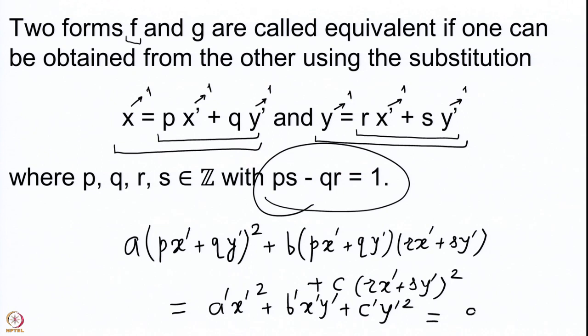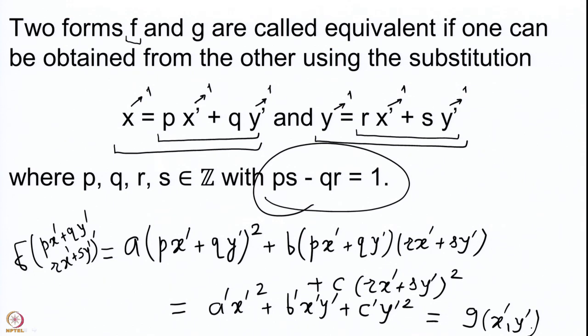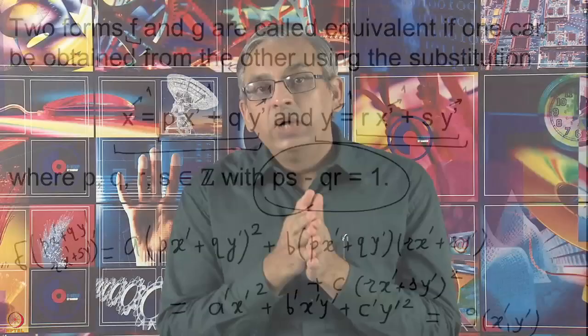This is our form g. So, when you started with f and instead of x and y we put these substitutions in terms of x prime and y prime, if we get the form g in x prime and y prime, then we say that f and g are equivalent. Now, notice that in this definition we did not say that you have to obtain g from f or that you have to obtain f from g. It can be that one is obtained from the other.